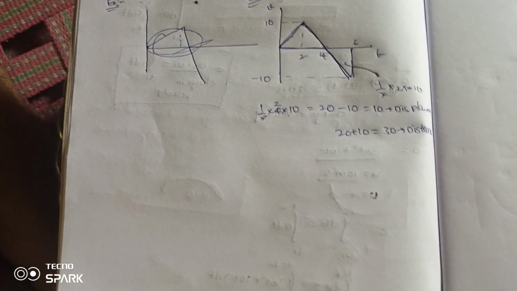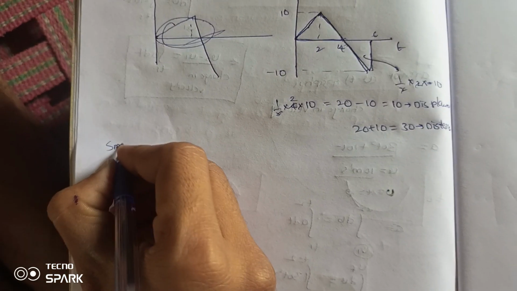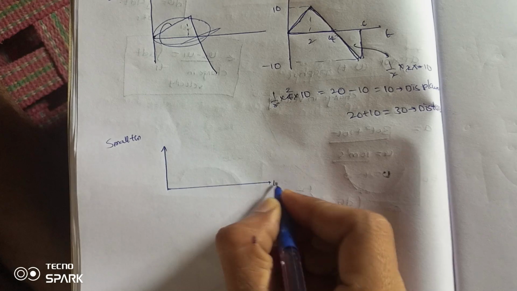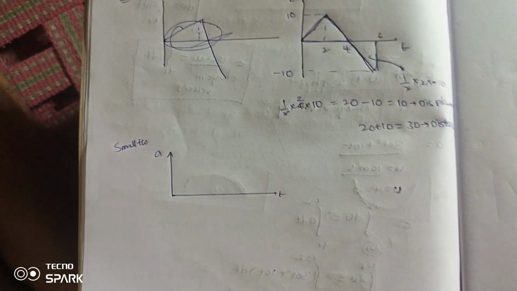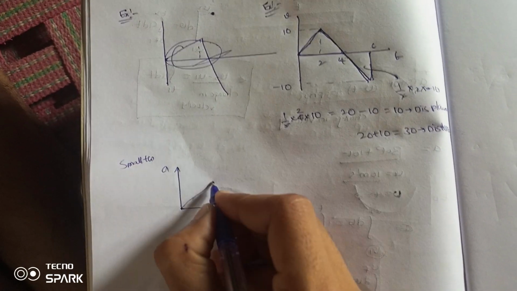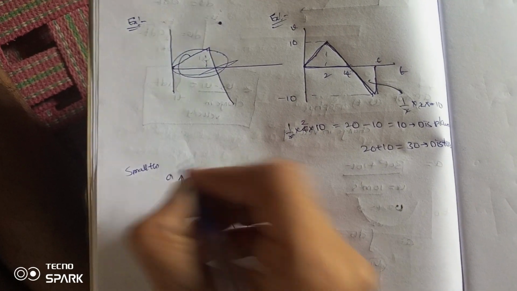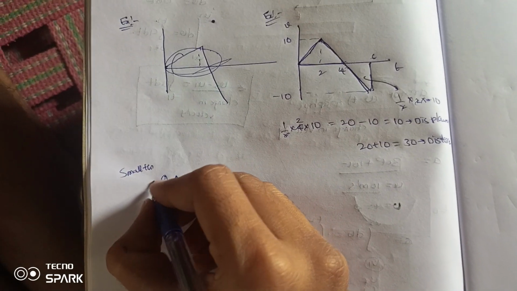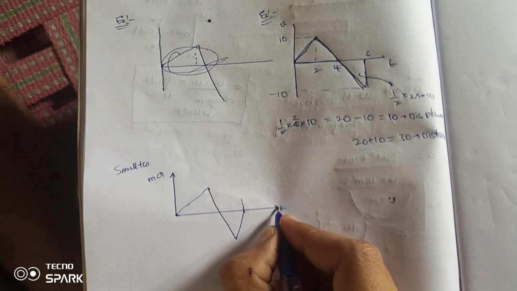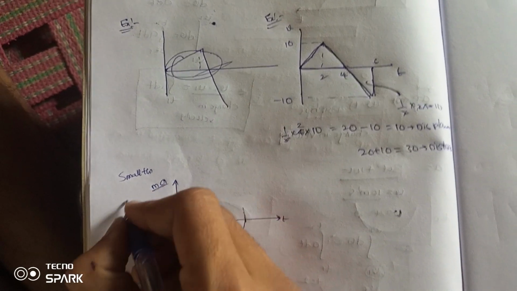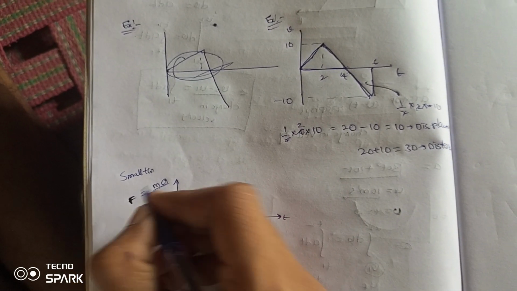And the next small thing, the acceleration time graph. Sorry, acceleration time graph. Apply m on both sides: m a means F is equal to ma. It is force.